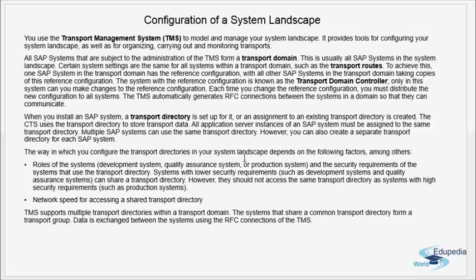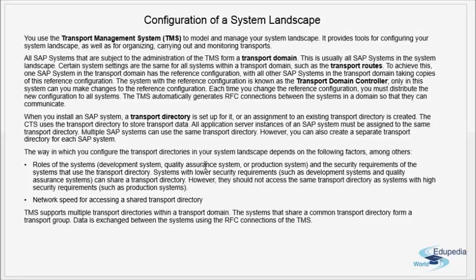You must ensure that all the instances of the SAP system share the common transport directory, and even multiple SAP systems can access a common transport directory. They can share the common transport directory or they cannot; that's up to our discretion. But in an SAP system, we have only one transport directory which is shared across all the instances, and this transport directory is where all the data related to the transport is stored.